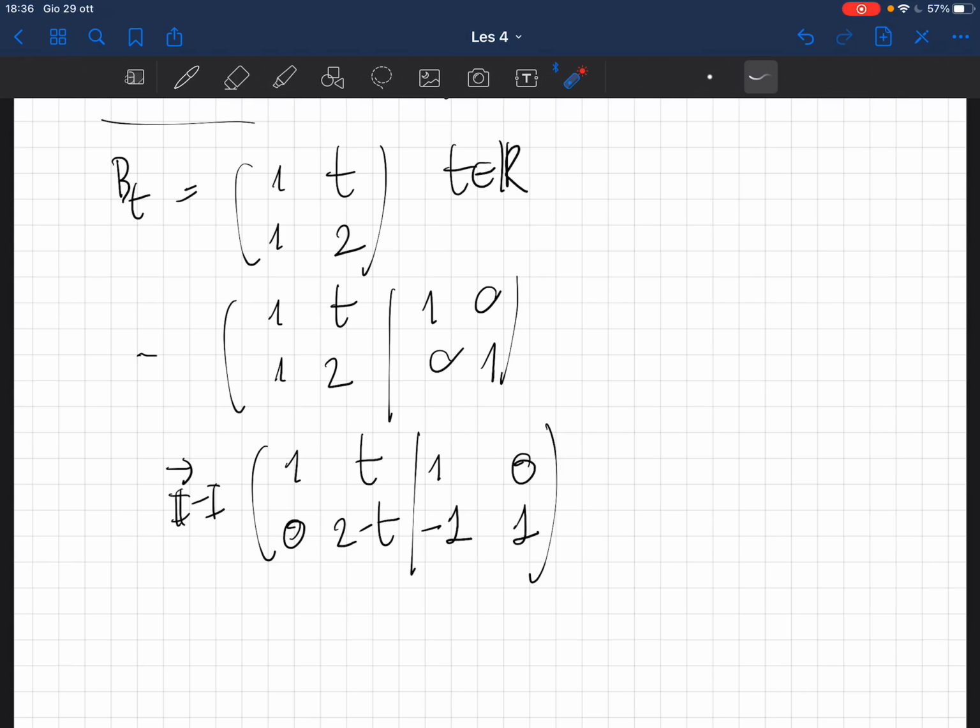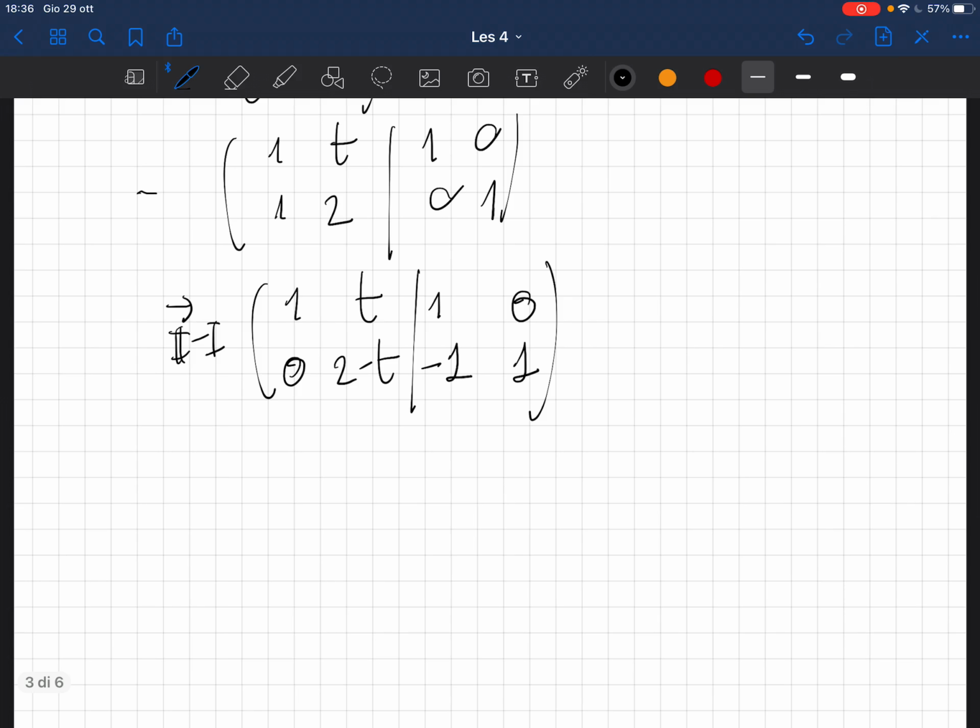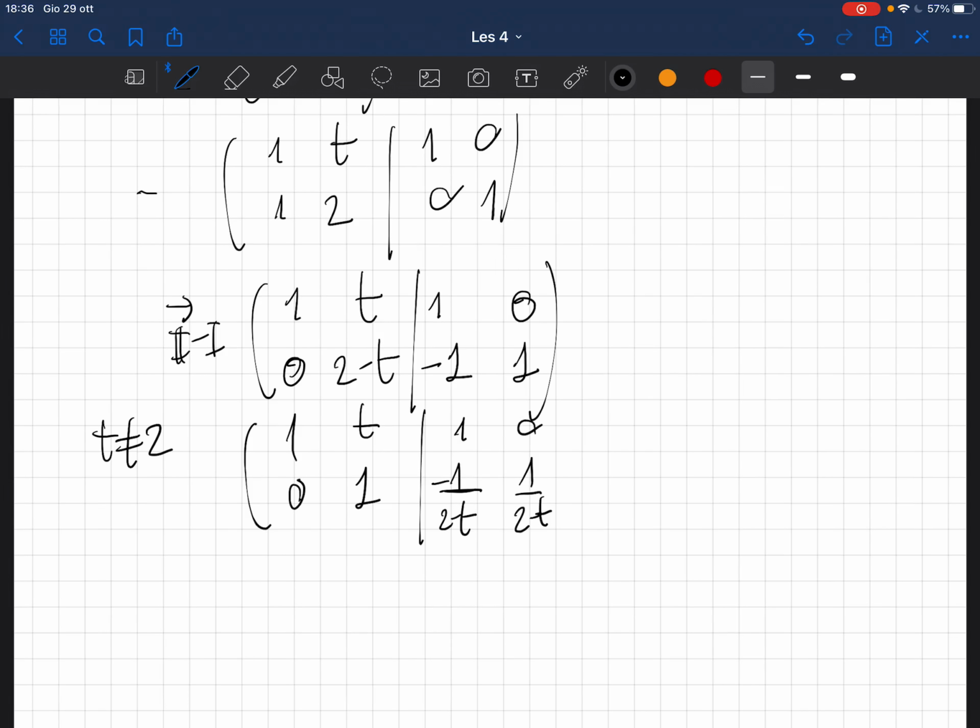Let's just assume that now t is different from 2, so we can divide and get this. This is a 1, and this is minus 1, 1.